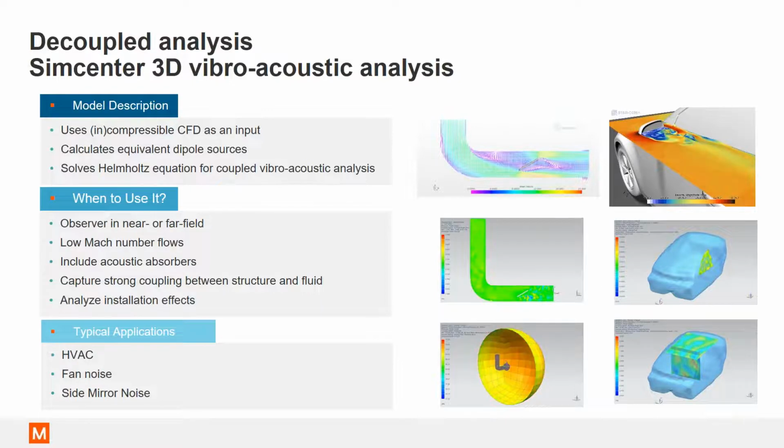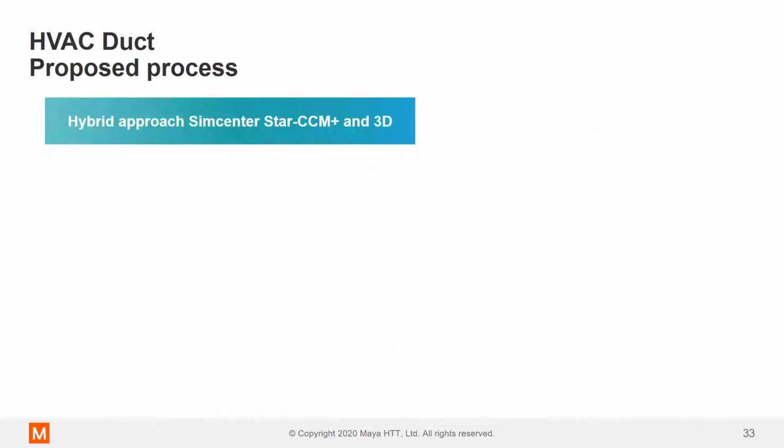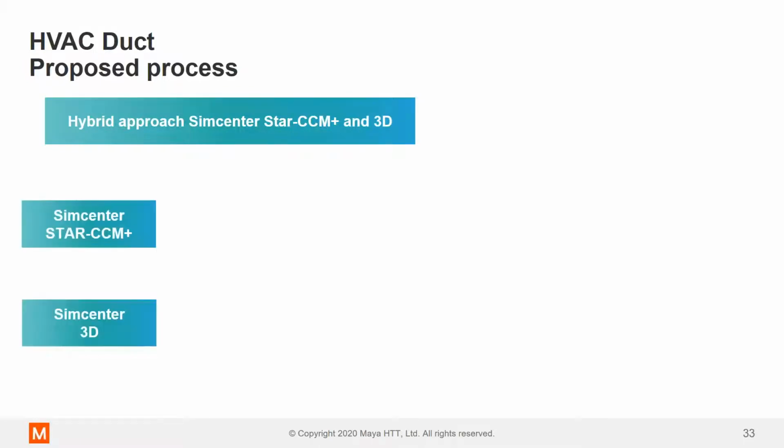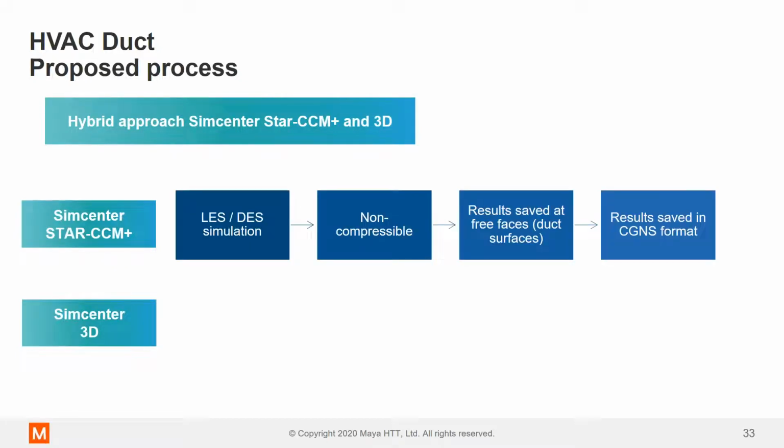So let's jump into what this workflow looks like and how we would couple the STAR-CCM+ solution with the Simcenter 3D Acoustics package. The workflow, like I mentioned, is a combination of STAR-CCM+ and Simcenter 3D Acoustics. The first step is to solve the flow domain using a high-fidelity turbulence model. We'll use an LES or DES simulation.